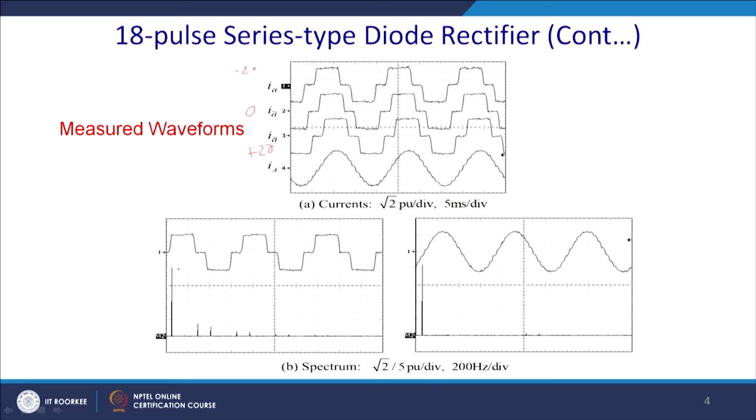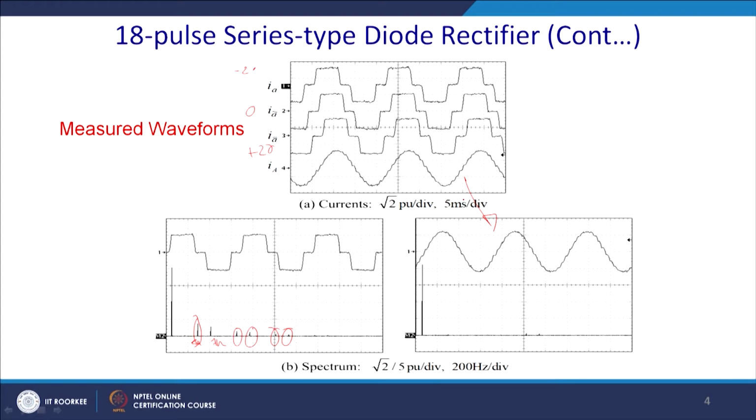if you see this waveform, this one is the fundamental, and this is a real waveform from the experiments. This is the fifth harmonic, this is the seventh harmonic, this is the 11th and the 13th harmonic, thereafter this one is the 17th and the 19th harmonic. If you take the harmonic spectrum of it, the current is in the scale of √2 per unit per division because of the peak value.